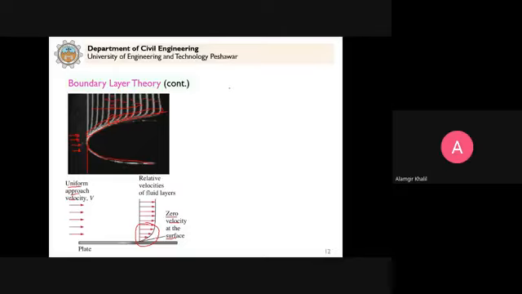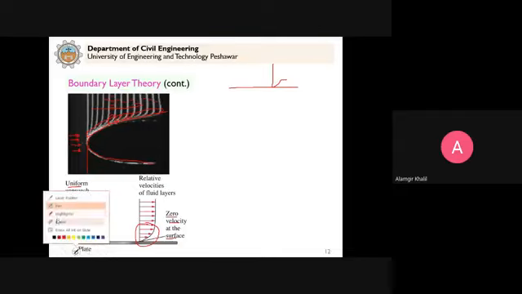So if we have this flat plate and this velocity gradient, it is on both sides, clear? This will be on the other side also, like this. So just for understanding, we show it only on one side.